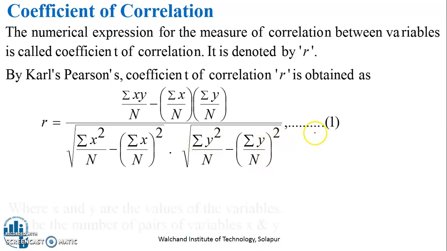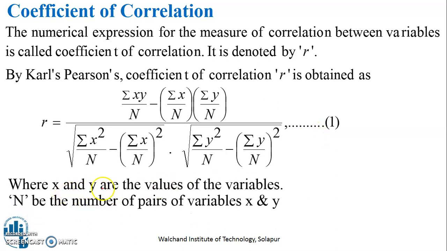Denote this equation by 1, where x and y are the values of the variables and n is the number of pairs of variables x and y. So this is the important formula we have to remember to calculate r.